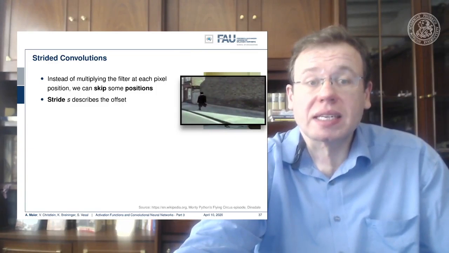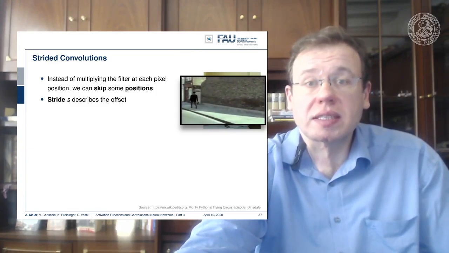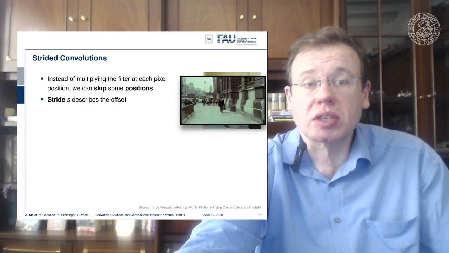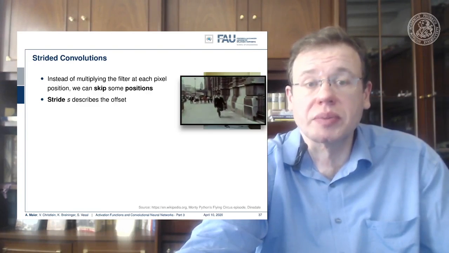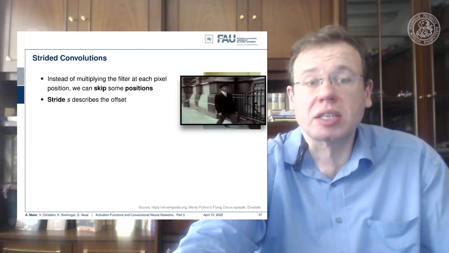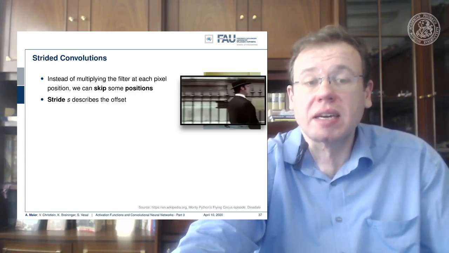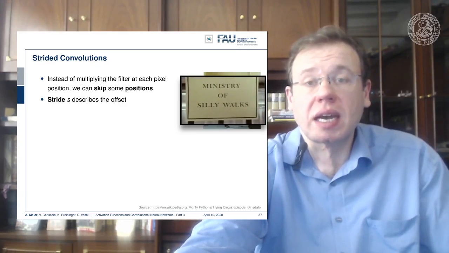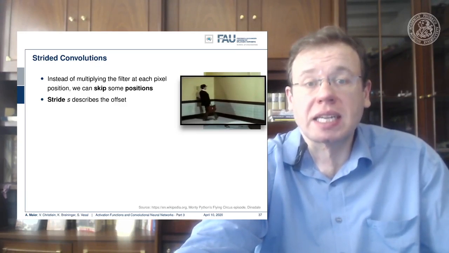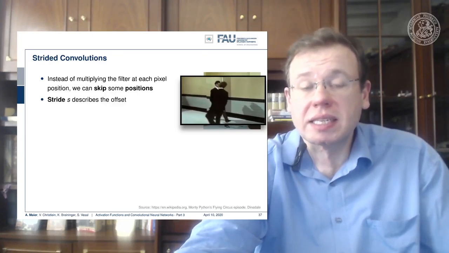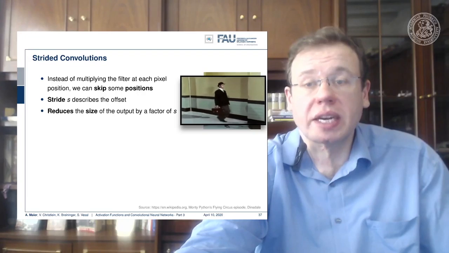There's also things like the strided convolutions. This is when you try to incorporate the pooling mechanism, the dimensionality reduction mechanism into the convolution, and this is things like skipping 1 pixel at each other. So with the stride S, we describe an offset, and then we intrinsically produce an activation map that has a lower dimension, and it actually has a lower dimension that is dependent on this stride.